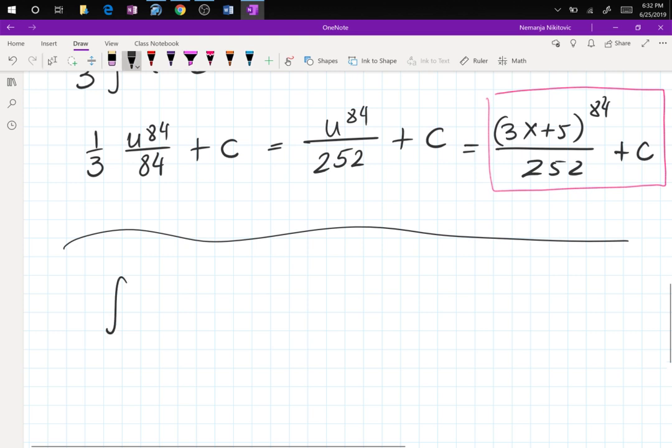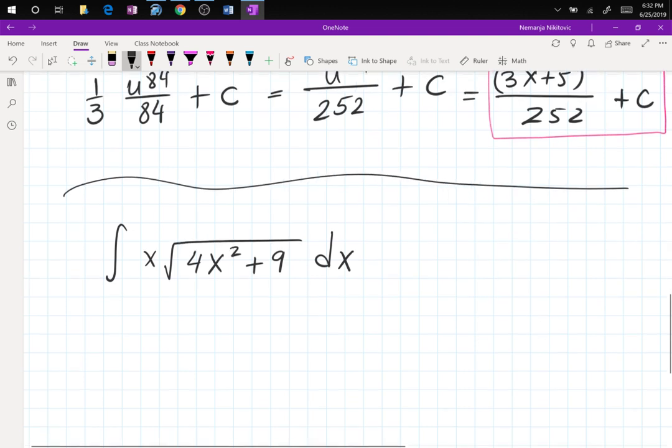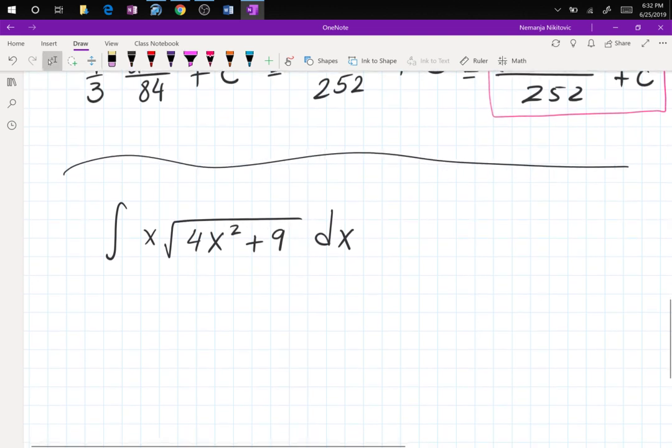So now let's take a look at another example of this. Say you have the integral of x times the square root of 4x squared plus 9 dx. Now the previous one with the 83 power, you were able to cheat. Well, just lazy, but you were able to cheat because you could have sat there a few hours and just expanded everything.